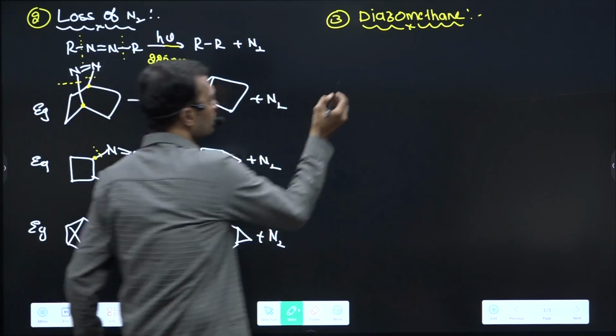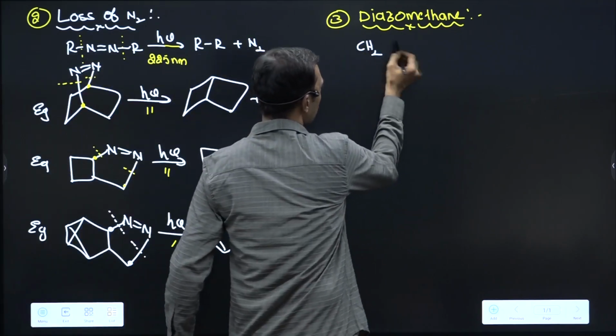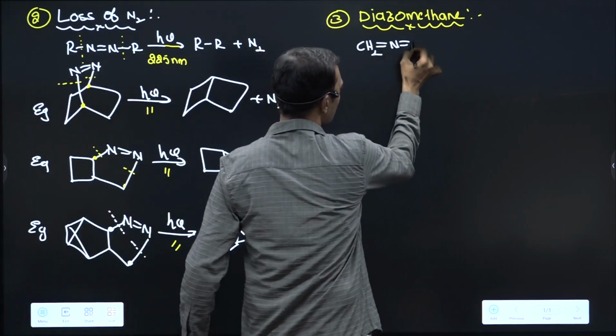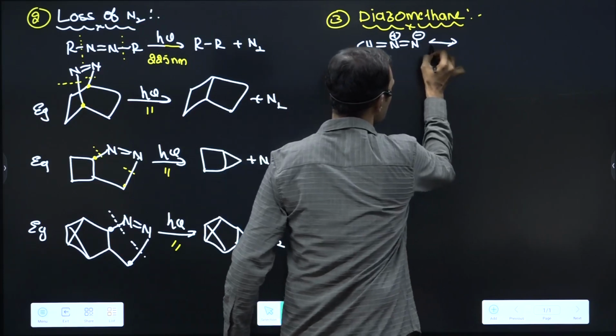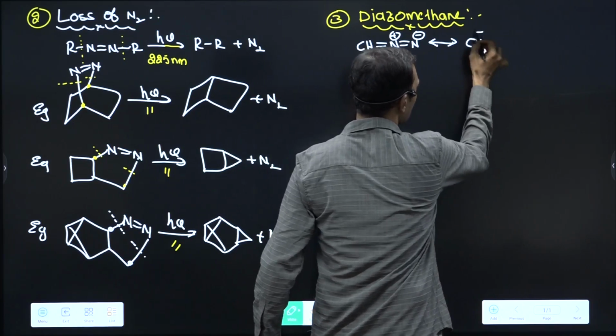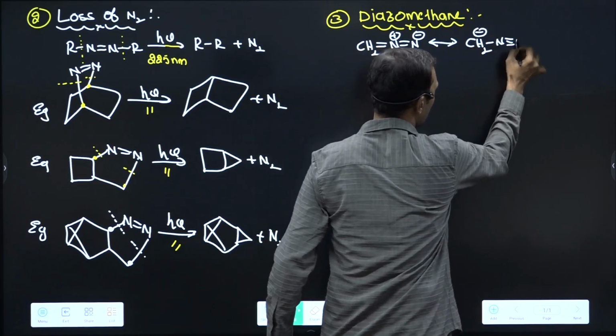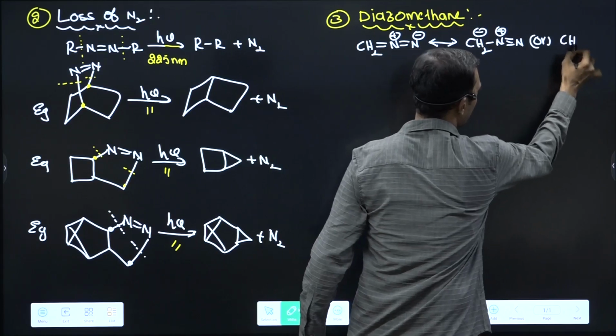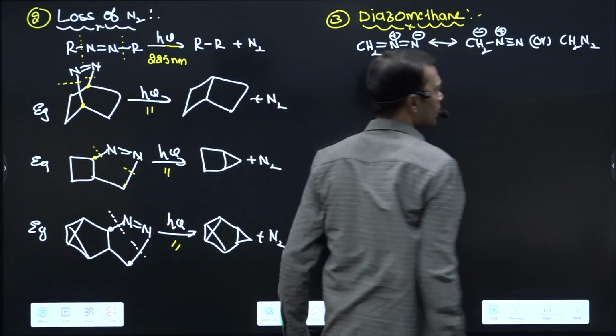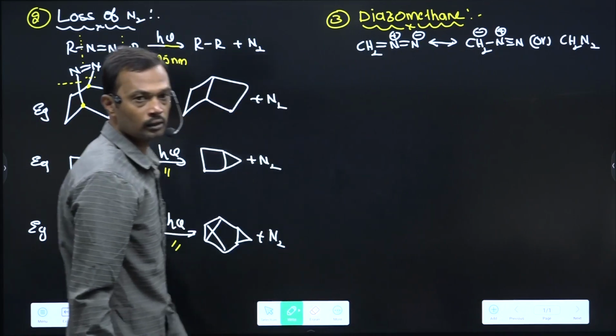So what is diazomethane? Diazomethane, CH2, nitrogen double bond, here minus and this is plus. It is showing an equilibrium like this, CH2 minus, nitrogen plus, or else we can write directly CH2N2. Many ways you can write diazomethane. CH2N2 is called diazomethane.